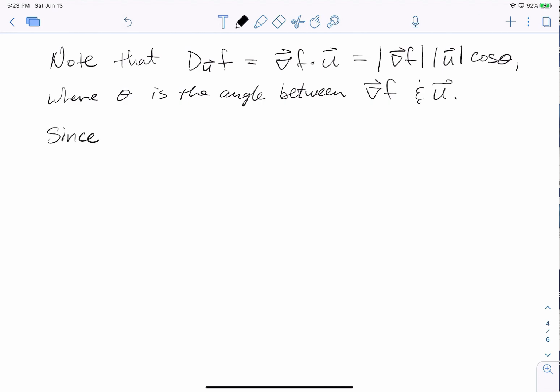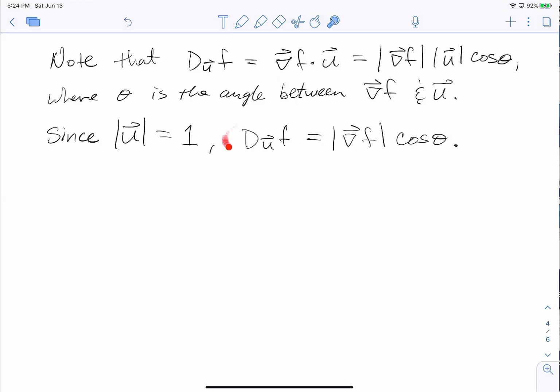But since u is a unit vector, the magnitude is 1. And so that means that the directional derivative of f in the direction of u is the magnitude of del f times the cosine of theta.